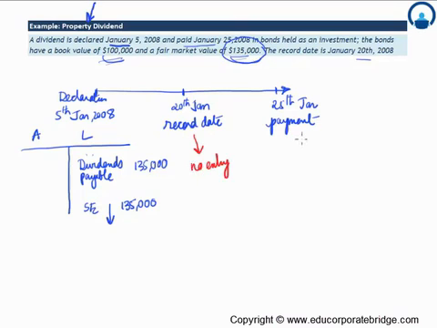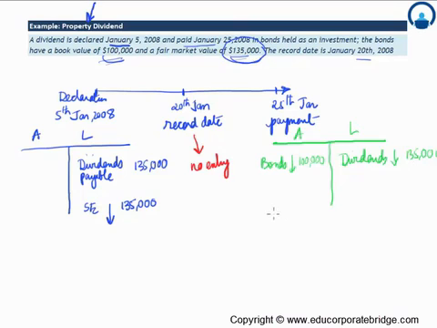Now let's look at how the asset and liability will look on the payment date. On the asset side, we have the bonds. These were worth $100,000, so bonds will go down by 100,000. Likewise, on the liability side, the dividends payable will go down by $135,000. If you look at these two, there's a mismatch of 35,000.